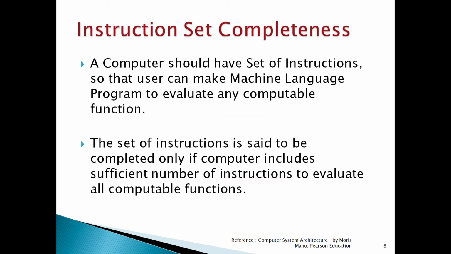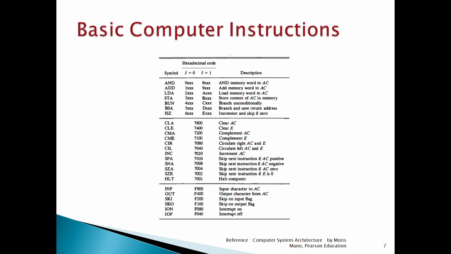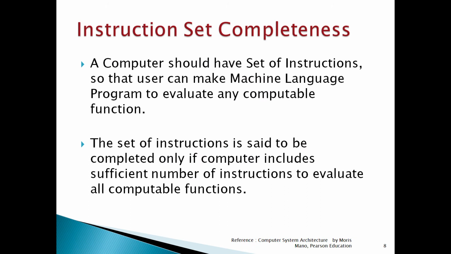Now we'll talk something about instruction set completeness. We have studied this particular set of instructions, and there are a lot of instructions. Whether it is a complete set of instructions or not is a matter of question. When can an instruction set be called complete? A computer should have a set of instructions so that the user can make a machine language program to evaluate any computable function.